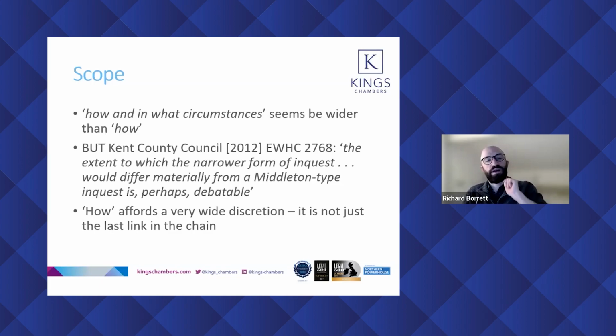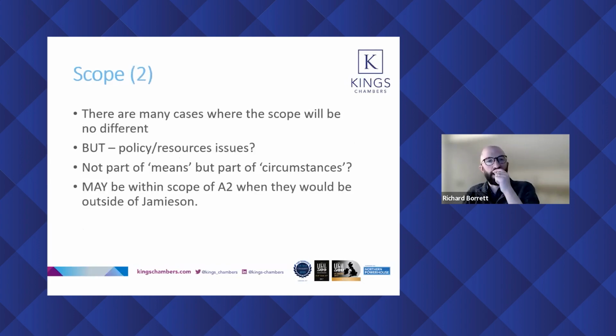And as I've noted before, how is not just the last link in the chain. It is a wide discretion for the coroner, and most coroners will investigate everything that leads to that last link in the chain, even in a non-Article 2 case. So there are lots of cases where the scope will be exactly the same, but potentially cases where there are resource or policy issues.